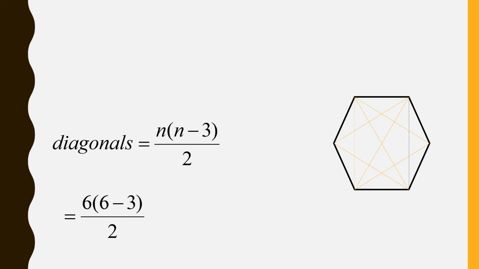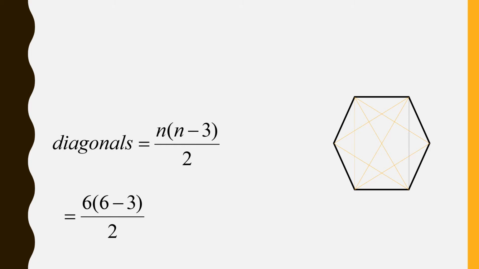Okay, so for example, we have this hexagon. How many diagonals does a hexagon have? For diagonals, the formula is n times n minus 3 over 2. What is n? N stands for the number of sides.